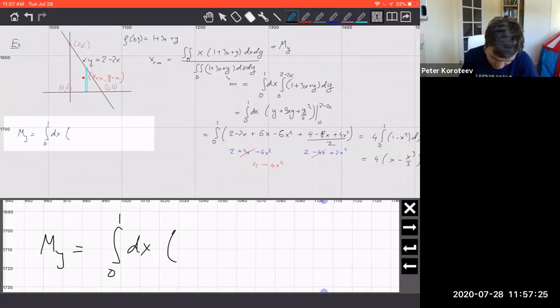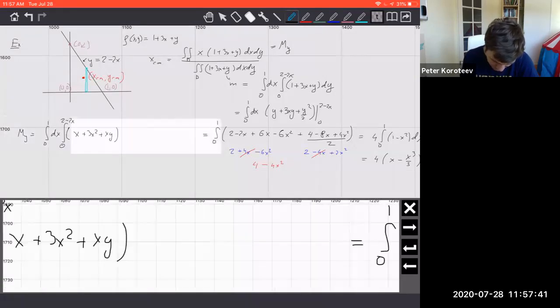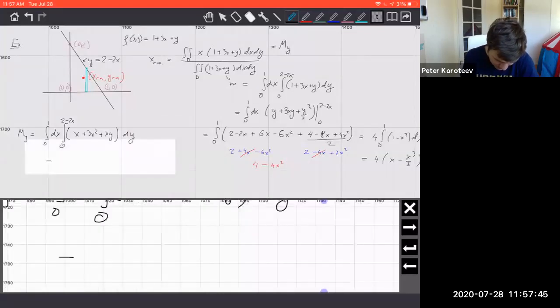To speed it up a bit, it will be the integral from 0 to 2 minus 2x of x plus 3x squared plus xy, dx dy, and then you would have an integral from 0 to 1 dx.